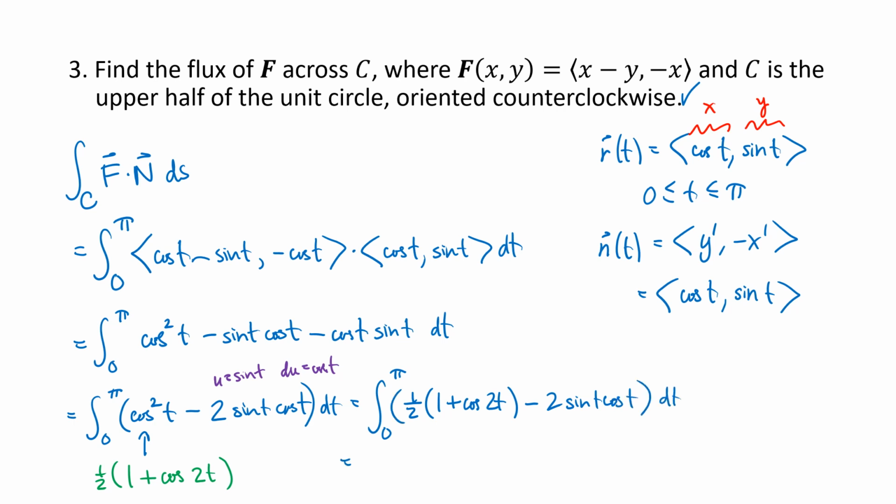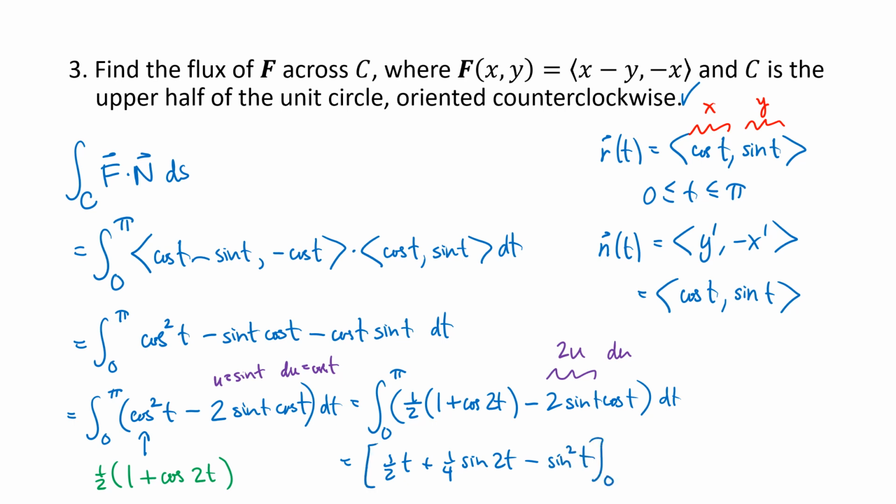So my antiderivative, the antiderivative of 1/2 times 1, that's going to be 1/2 times t. The antiderivative of 1/2 times cosine 2t, that's going to work out to be 1/4 sine of 2t. And then the antiderivative of 2 sine t cosine t, remember with my substitution, that's going to be 2u du. So that's going to be u squared. And my u was sine t, so that's going to be minus sine squared of t.